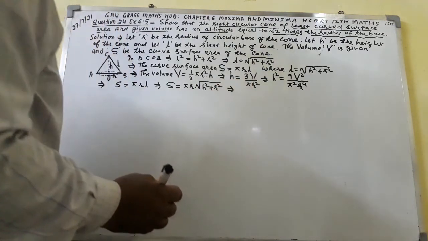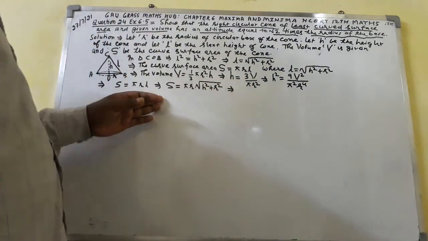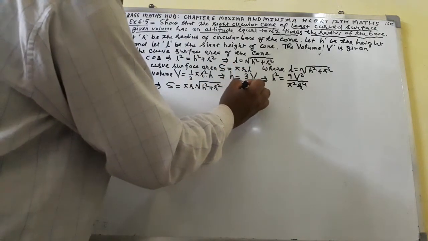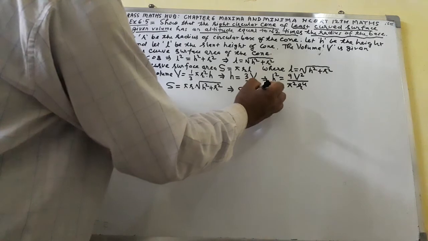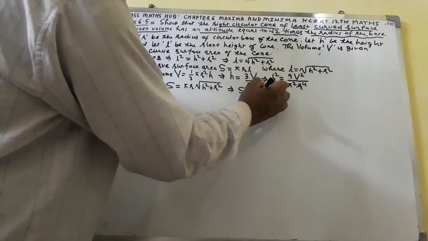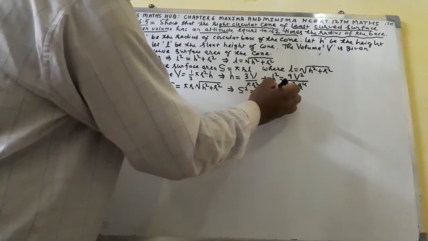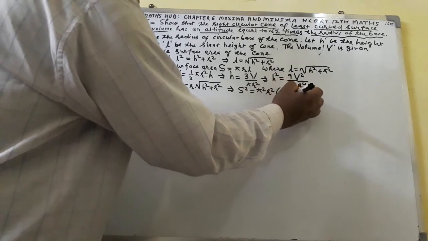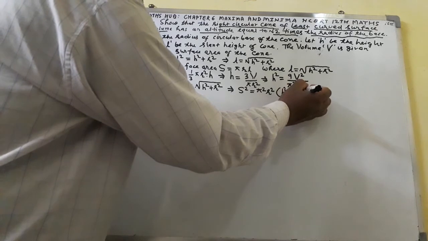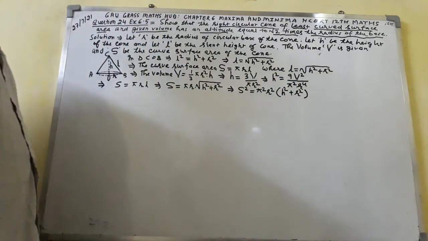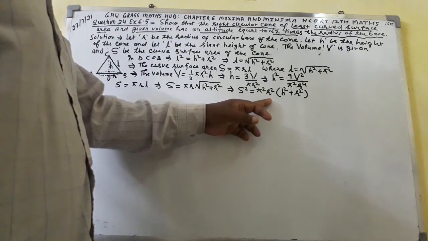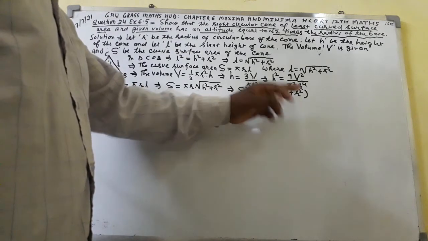Squaring both sides of the equation, you will get S square equal to pi square r square in bracket h square plus r square. This thing we have got.